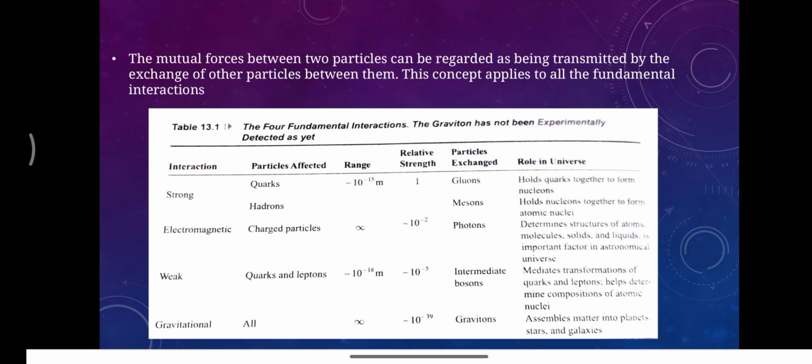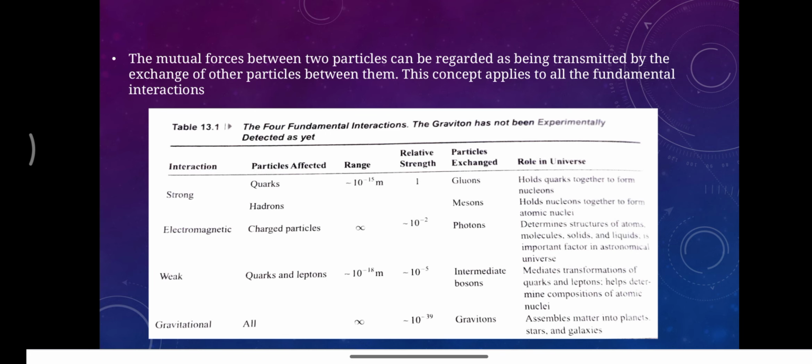As the interaction changes, the particle affected changes, the range may be different, the strength varies, and the particle exchanged will be different, depending upon the interaction and the particle affected.